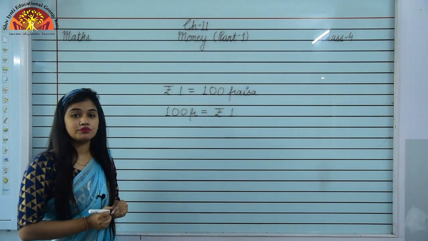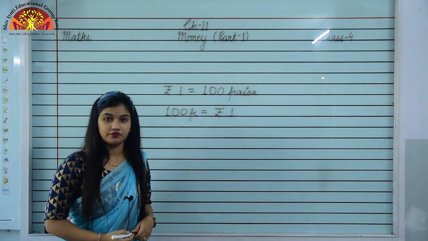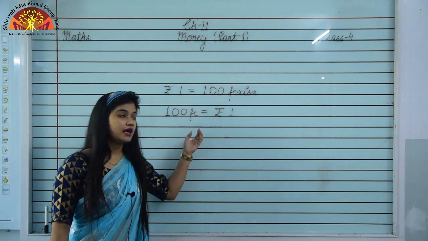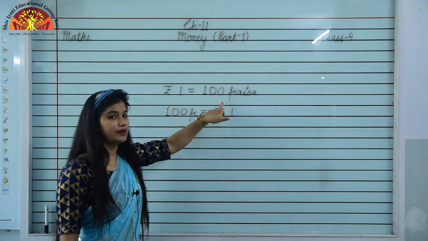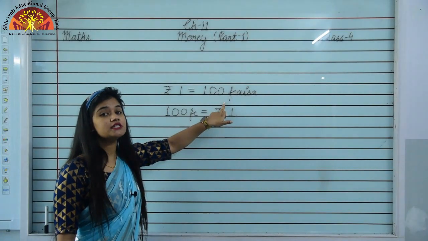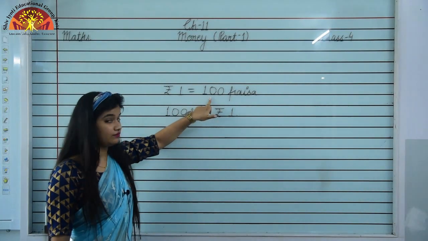In this chapter we will see how we can convert rupees to paisa and paisa to rupees. Whenever we are converting rupees to paisa, we have to multiply by 100. What did I say?